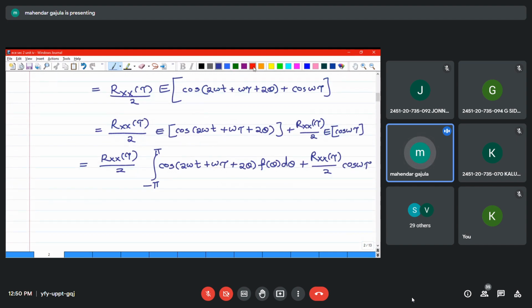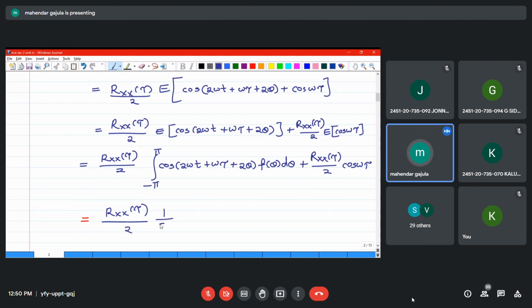Integration of a sinusoidal signal over a cycle, what is the value? Can someone tell me? 0. f(theta) is how much? 1 by 2 pi.